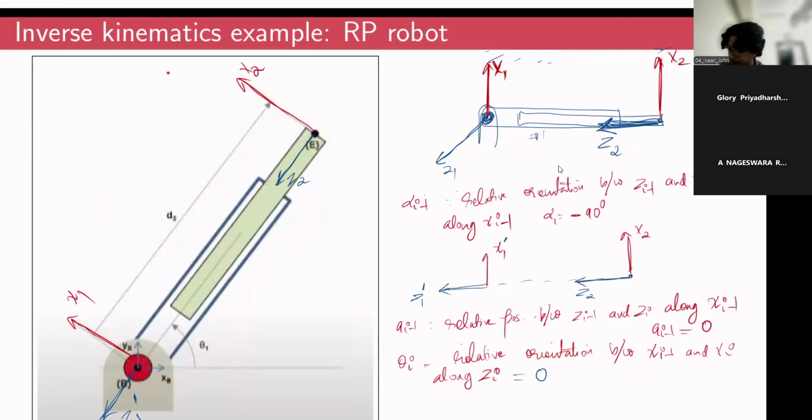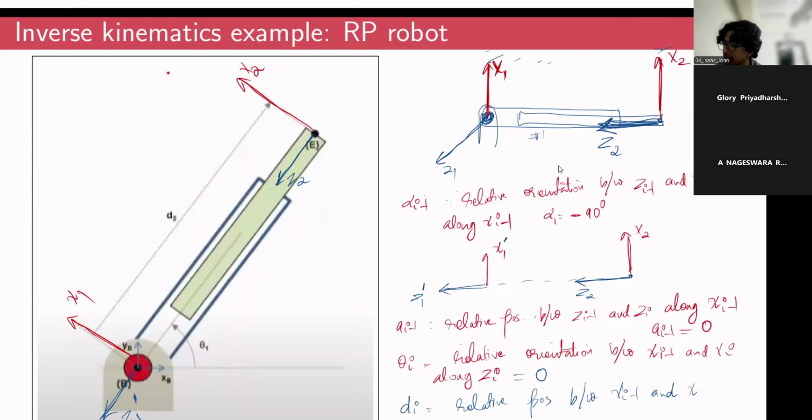Now the final joint parameter d i. Is it theta 1? No, it's not theta 1, because x1 and x2 are always parallel. How can it be theta 1?